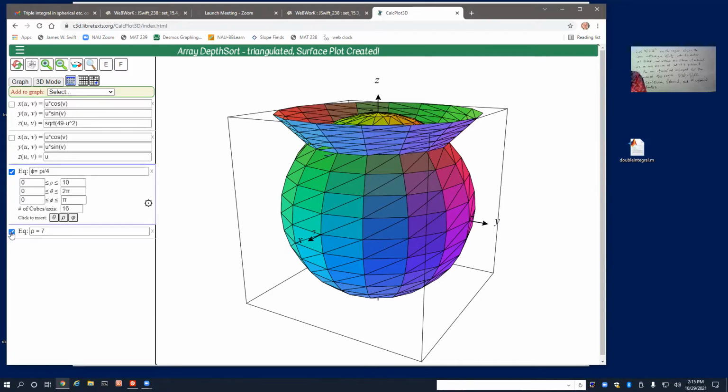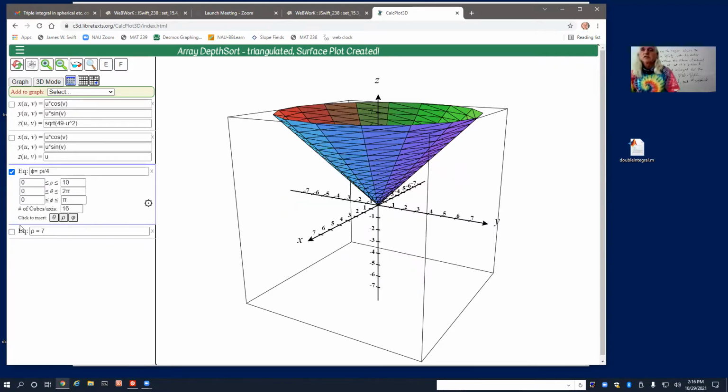And then phi equals pi over 4 is the equation for that cone, right? The full angle of the cone is 90 degrees, or pi over 2. So the angle of the side of the cone from the vertical is half that, pi over 4. So phi equals pi over 4 is the equation of that cone.